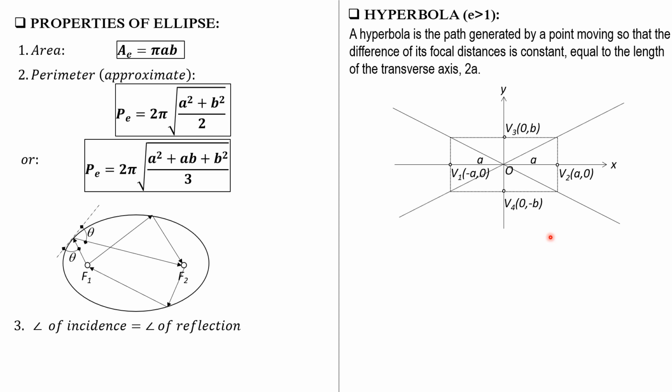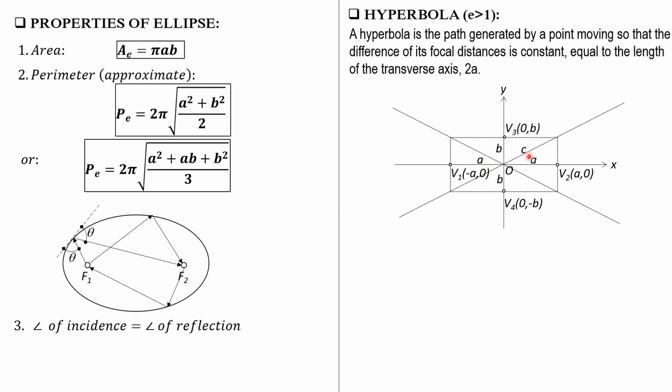Now these are the asymptotes, and the length of the semi-conjugate axis is b. The total length is 2b. And half of the diagonal of this rectangle is c. This is also c.